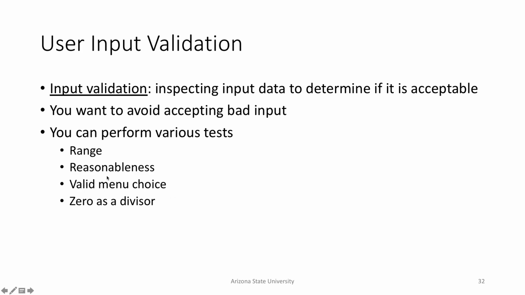Valid menu choices. A valid menu choice would be if the user enters option A, B, C, D, or E, and let's say those are the only 5 options. What if they enter F or something? Then what should I say to the user? I need to handle that and say, you entered an invalid input, try again.